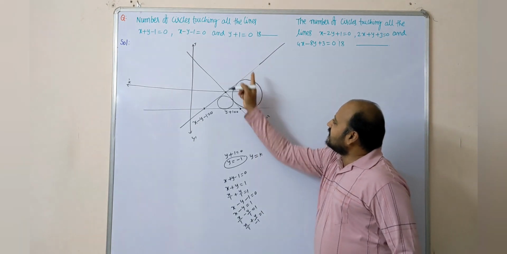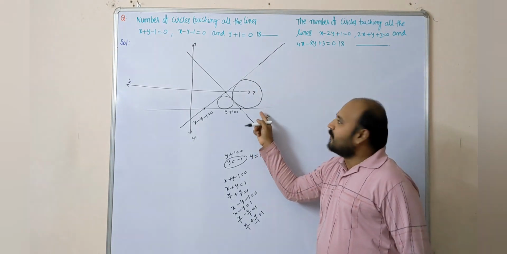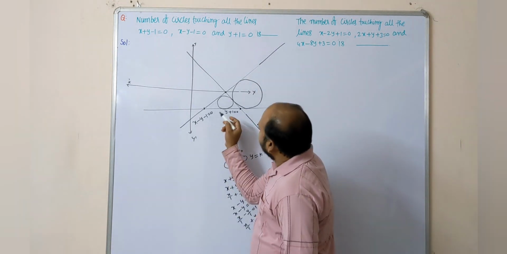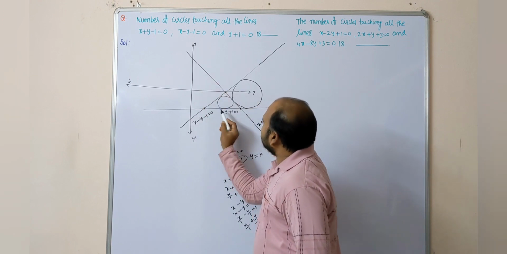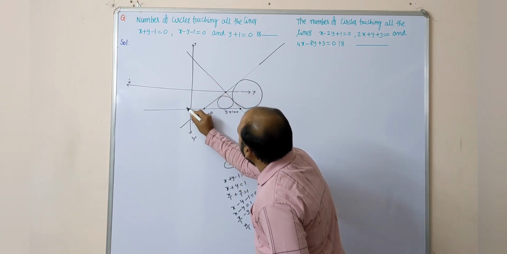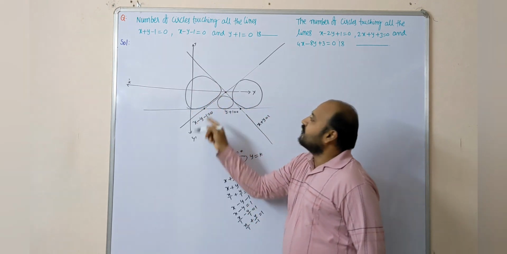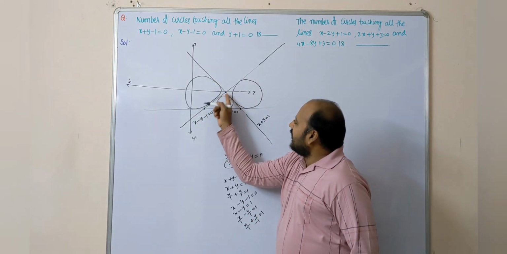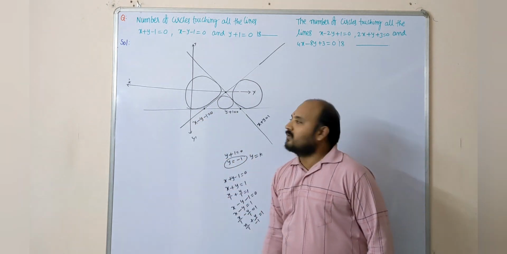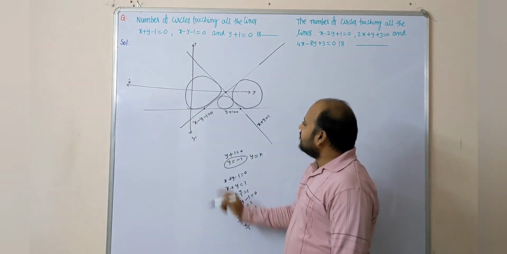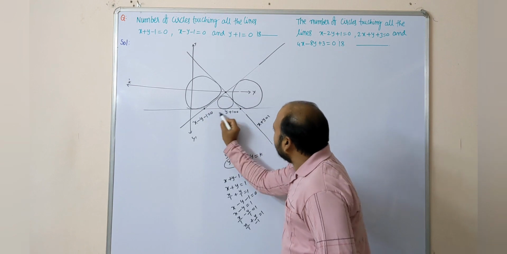This circle touches this line and this line, and this line. Even this is also possible; you draw it this way. This circle touches this line as well as this line as well as this line. And one more possibility, this line and this line and this line.